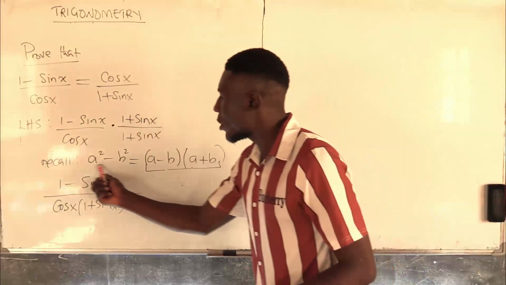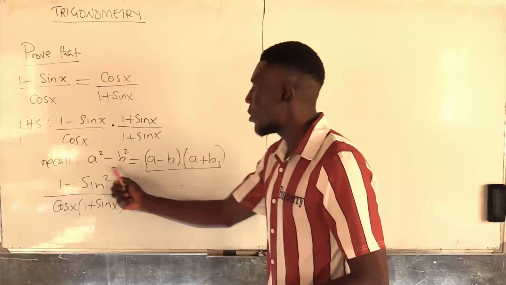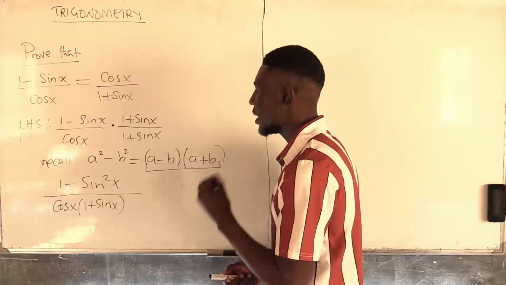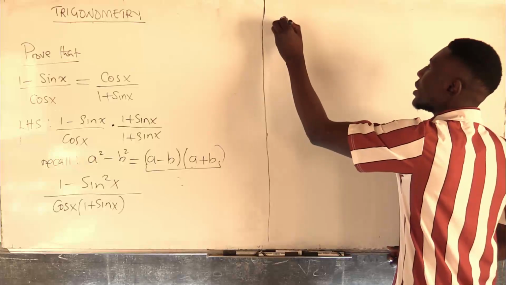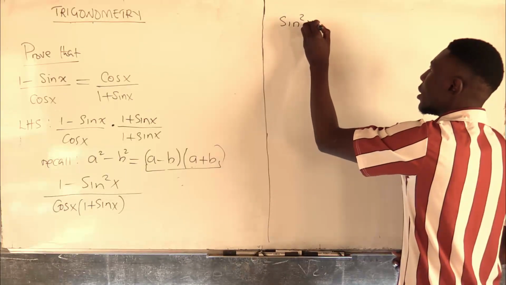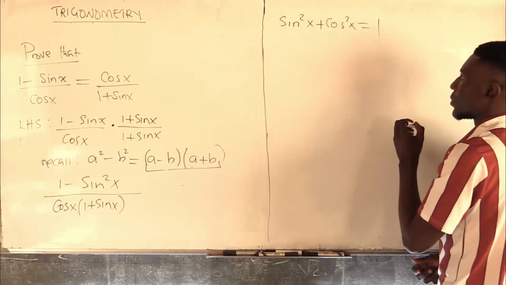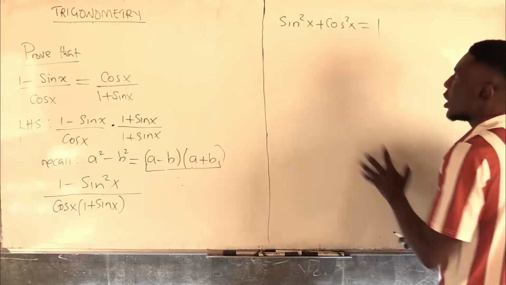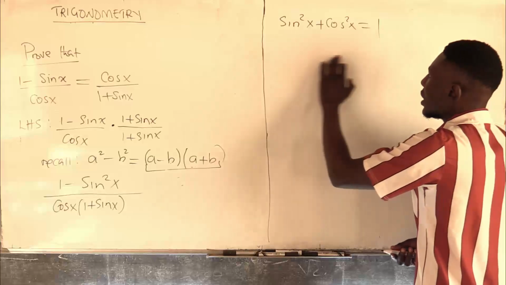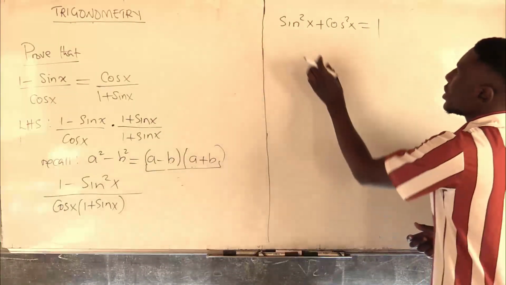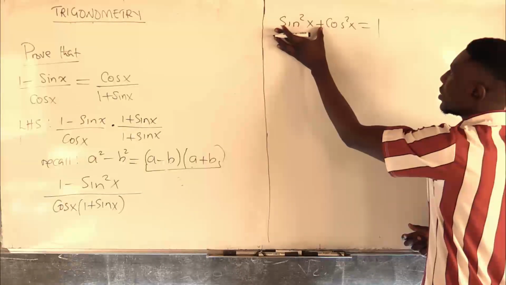Now, if you look at the numerator, the parts we have, 1 minus sin squared x, can be obtained from an identity which is sin squared x plus cos squared x is equal to 1. Now, we can make this to be in this form, that is to simply subtract sin squared x both sides.